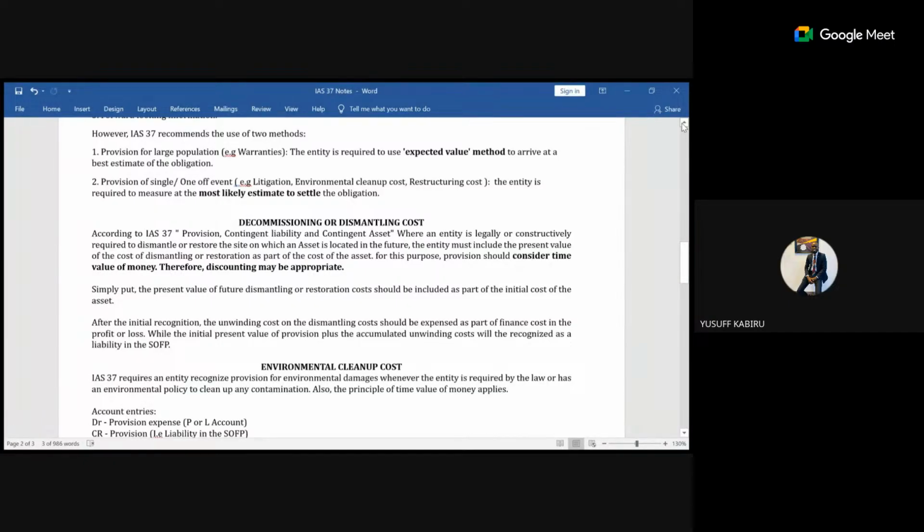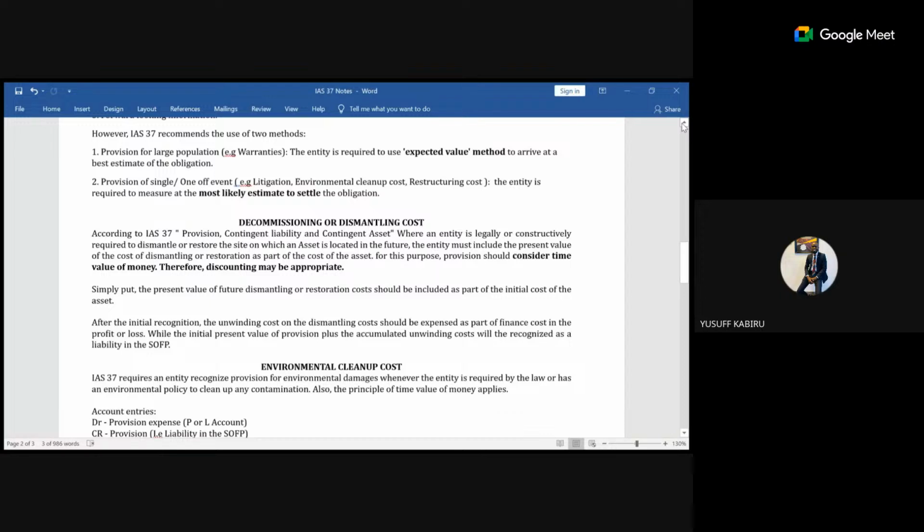So that is example number one. Now example number two is that I am owing somebody 10 million naira today. Now, according to the contract, that person says, I don't need this money now. Please pay me next year.